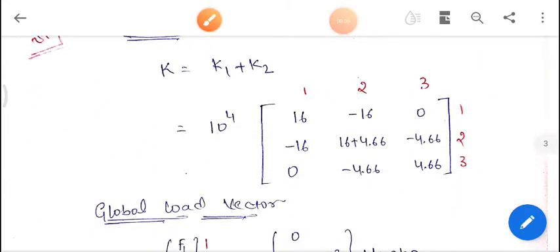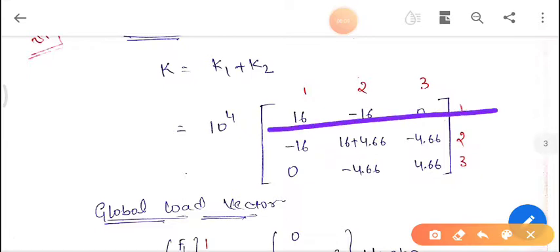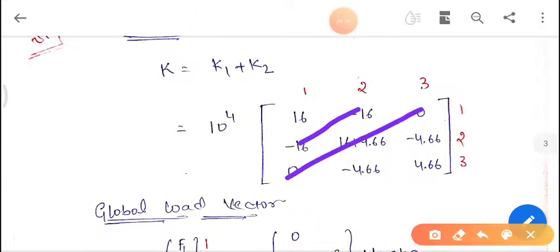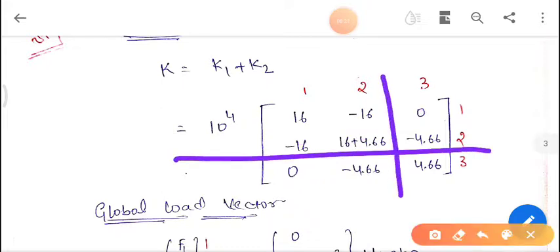Once you have written this, next you need to copy these two things here, because stiffness matrix is a symmetric matrix. Once you copy these two here, you can see the same thing which I have written here, 16 minus 16 0 0.